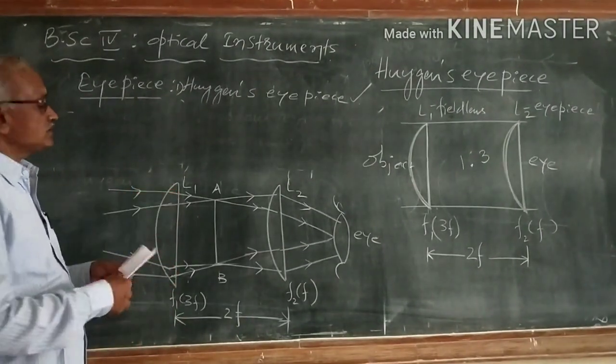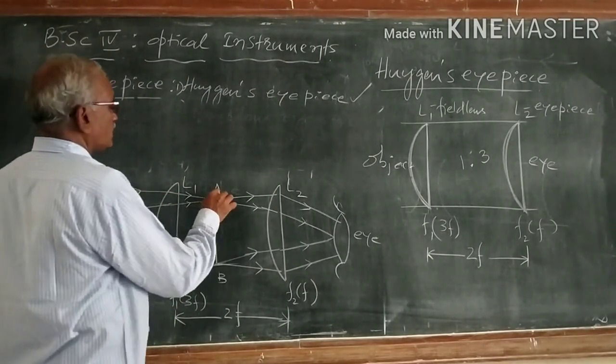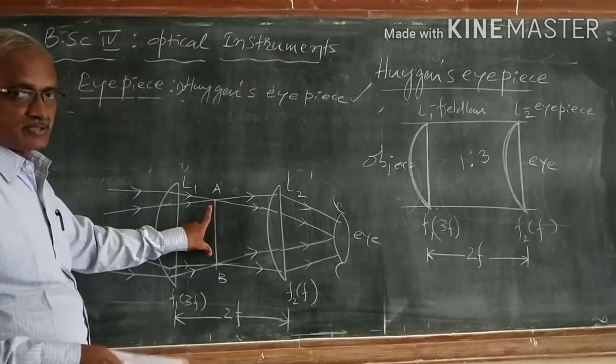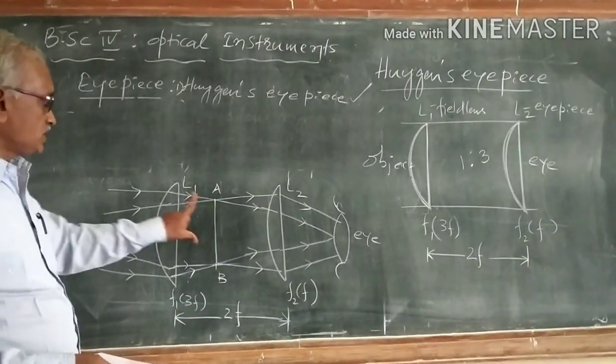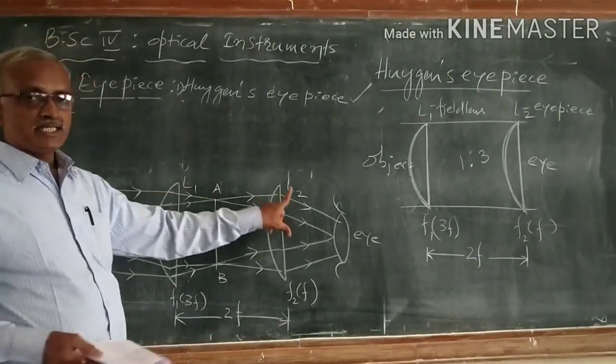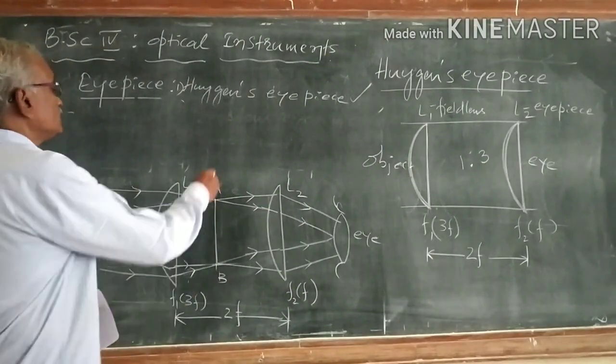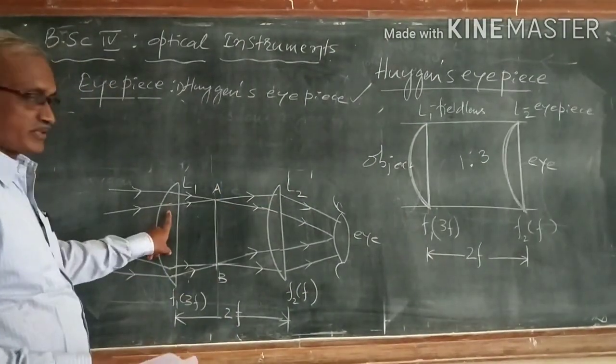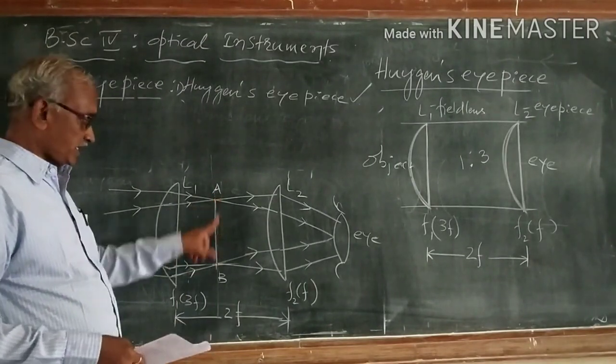After refraction, these 2 will meet here at A and B. So this is the position of the image. The image will form in between the field lens and the eye lens. From the distant object, it passes through the field lens, and after refraction it will meet at A and B.